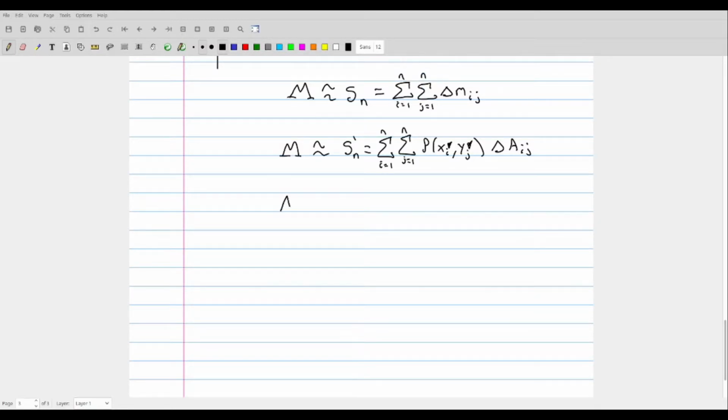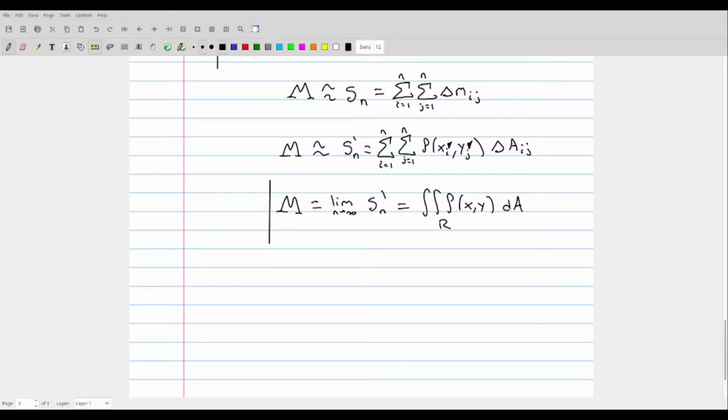Which means that the total mass is equal to the limit of this Sn prime as n goes to infinity, which is exactly the double integral of the density function over the region R. And there you have it.